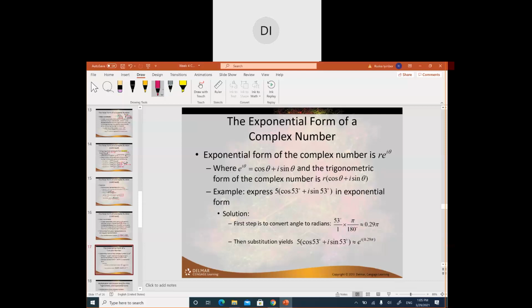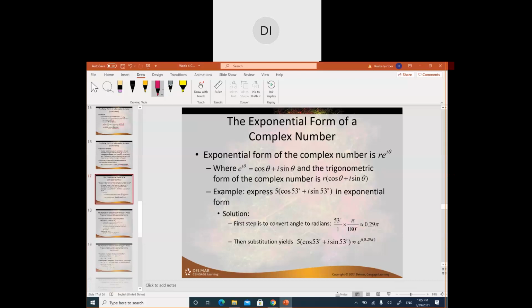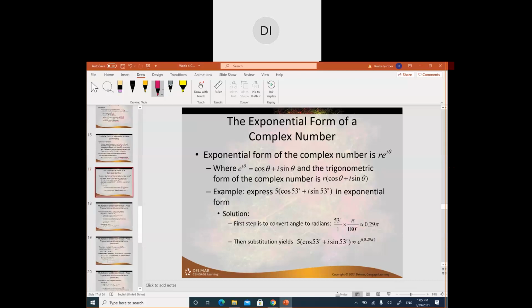I'm not going to go into detail on this because you don't have it in your actual quiz, but that's why you need the two different forms: one form is easy for adding, subtracting, multiplying, and dividing. The other form is easy if you have exponents.